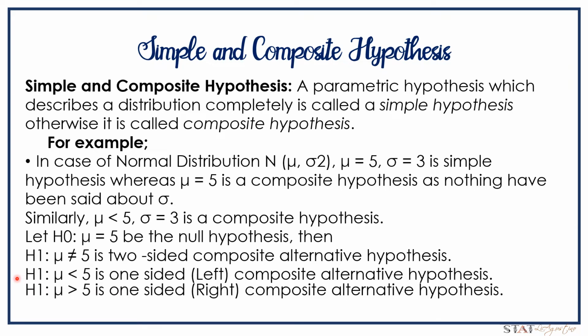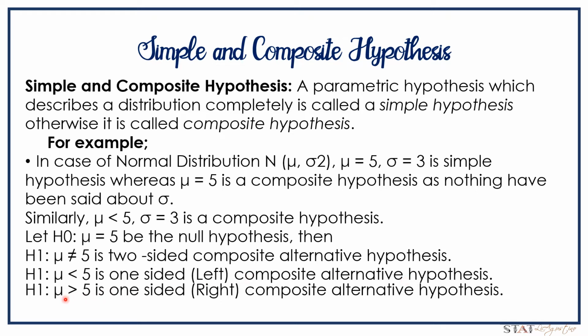And then if your alternative hypothesis is mu is less than 5, then it is a one-sided left composite alternative hypothesis, because it just declares less than 5. It's not a specific value, as long as it's less than 5.